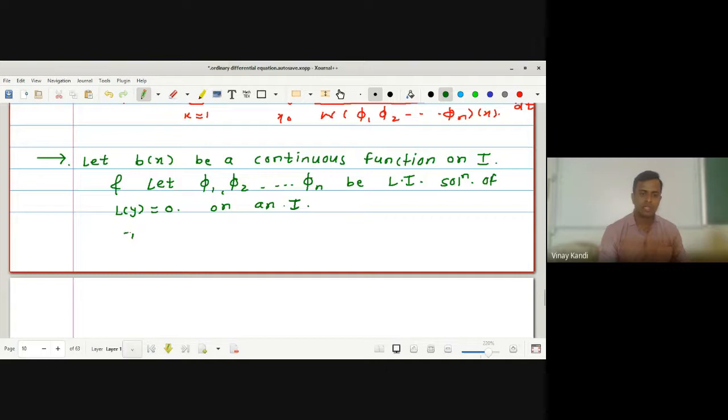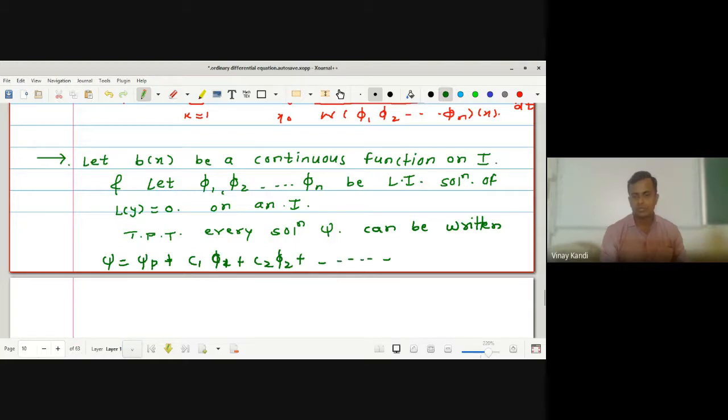Okay, now to prove that every solution psi can be written psi is equal to psi p plus c1 phi 1 plus c2 phi 2 plus, up to so on, cn phi n.